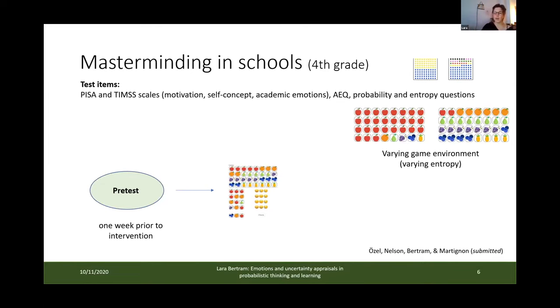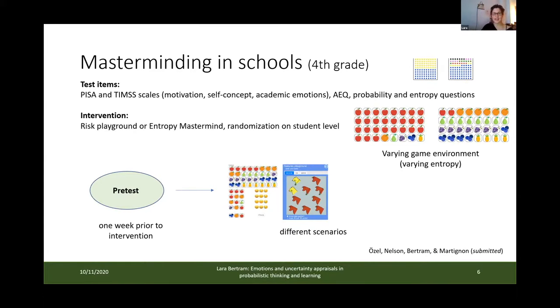And the other group of students played the Spiel dieses Risikos, and Laura will be very happy about this. And yeah, we randomized on the student level, and then we had a post-test with similar items as in the pre-test.